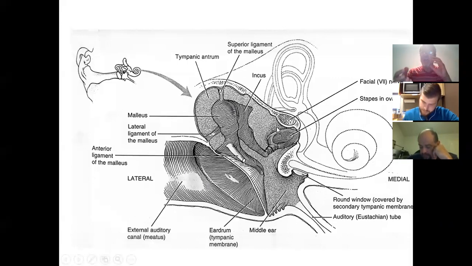If the air pressure on either side of the drum is uneven, you've got a problem. If you've got negative air pressure here, then this had better be negative. But who wants negative air pressure? Otherwise, you're living in a vacuum. Basically, if this is room air pressure here, this needs to be room air pressure here. If it's not, you're going to get a conductive hearing loss.